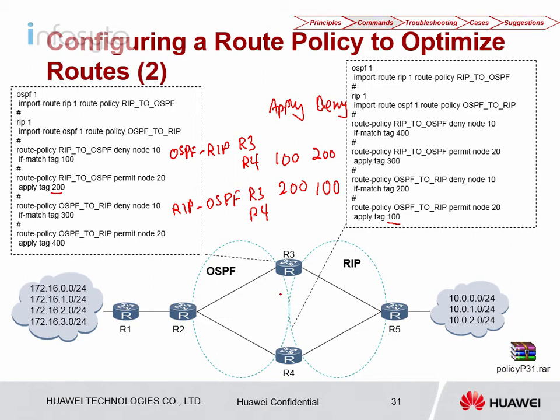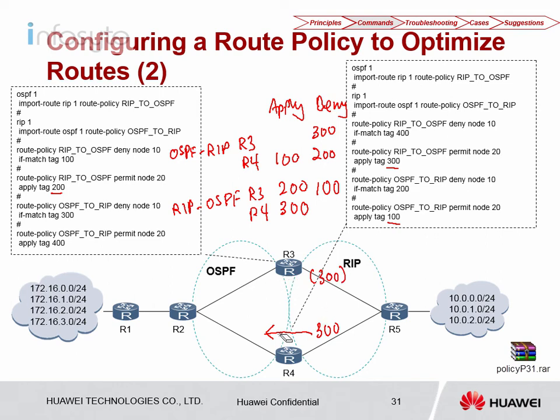All right, so now we are going to do the RIP to OSPF in router 4. As you can see from here, we are going to use a 300. So when OSPF goes back into RIP in router 3, we have to deny the 300 tag.